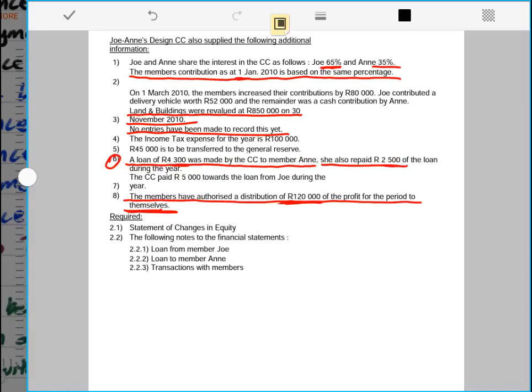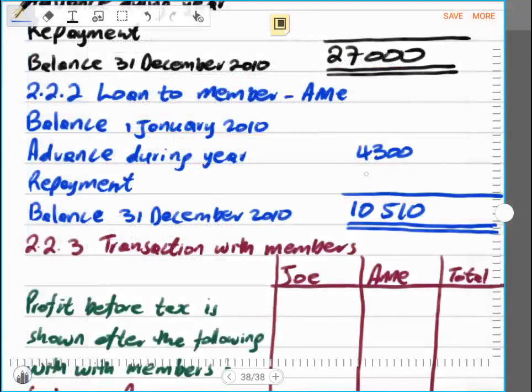So now that will be a repayment. Remember, a repayment reduces the loan. So now for us to reduce the loan, we have to record this as negative, obviously. So now we have a loan advance during the year, which is a loan that was given again to N during the year, and he also repaid 2,500.